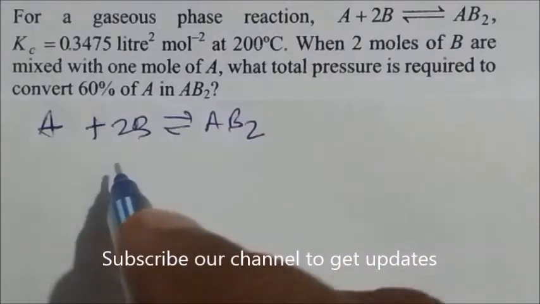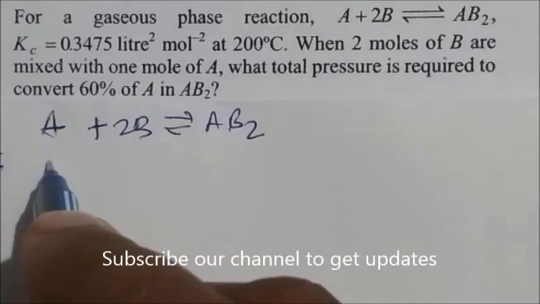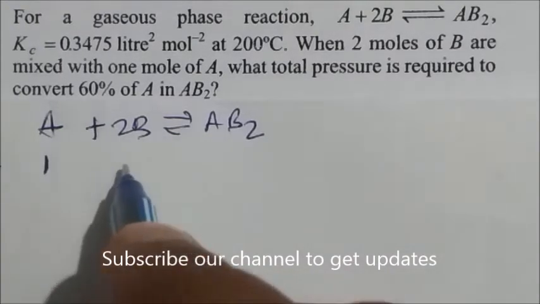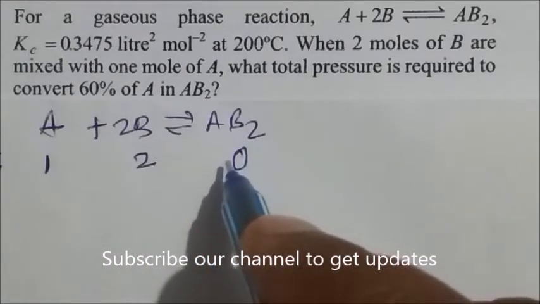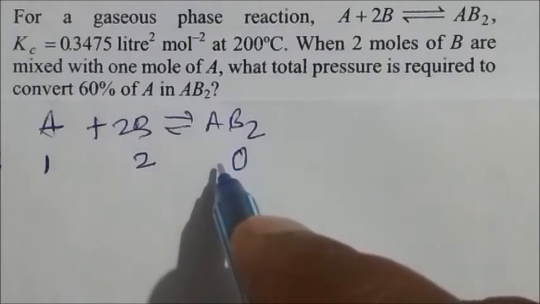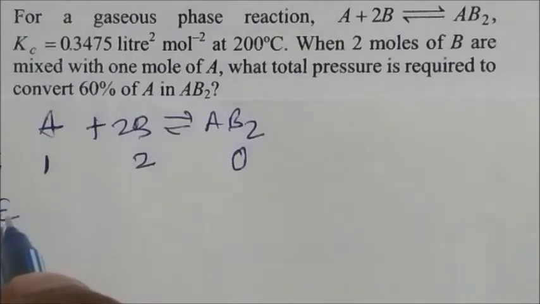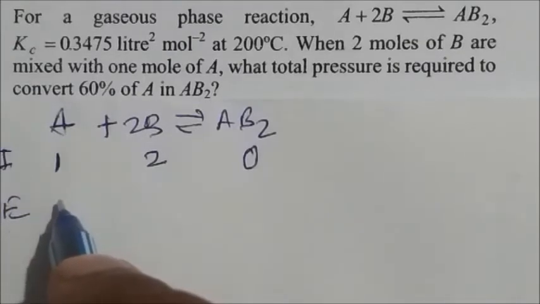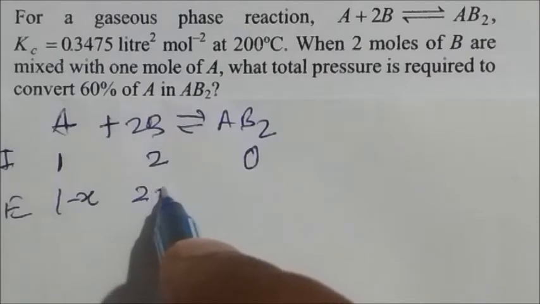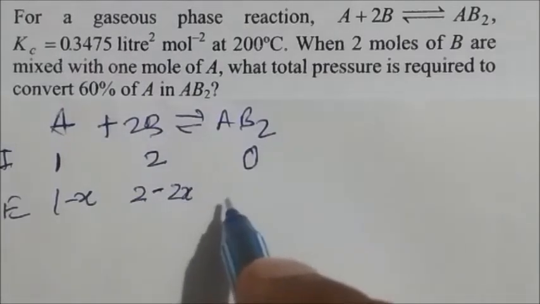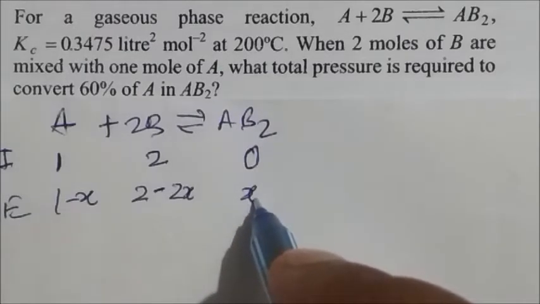This is our reaction. Then the initial moles: this is your 1 mole, this is your 2 moles, and this will be 0 moles. Now at equilibrium, what will be the moles? A is reduced by x moles, B is 2 minus 2x, and AB2 is x moles.